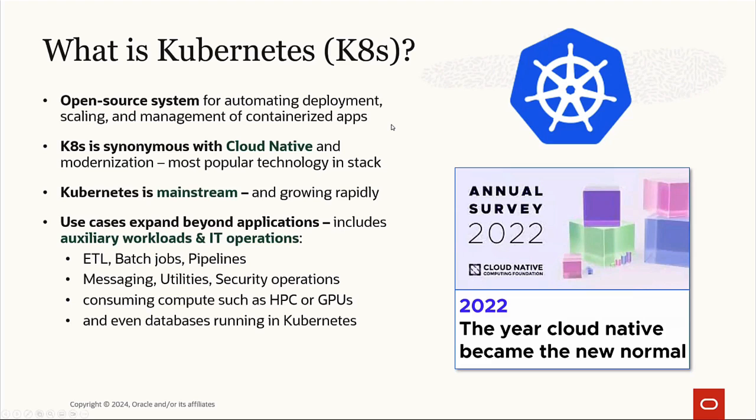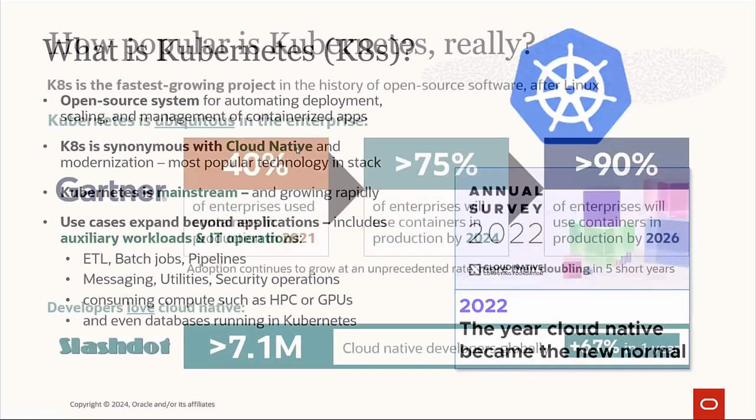So beyond the cloud native application space, there are a lot of other useful functions or workloads that could be considered, from things like batch processing, security operations, consuming large-scale compute clusters, like for high-performance compute clusters, for GPU-based workloads, and even managing and maintaining things like databases within your application ecosystem.